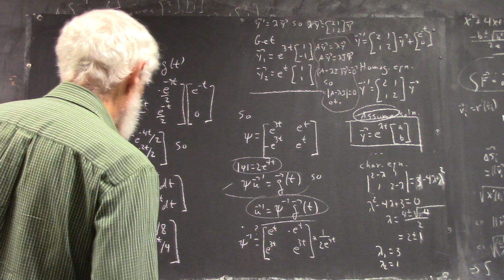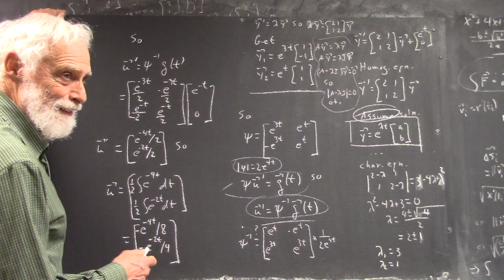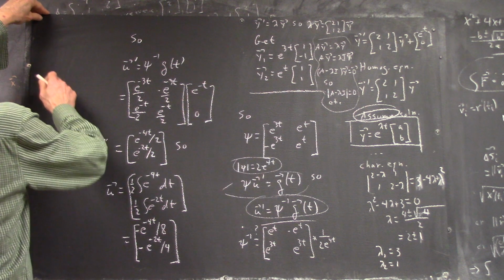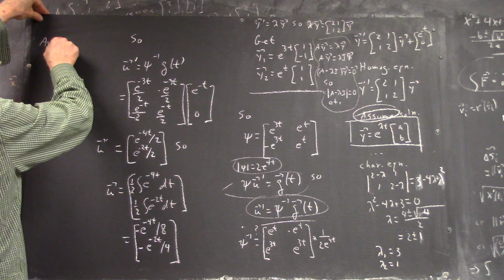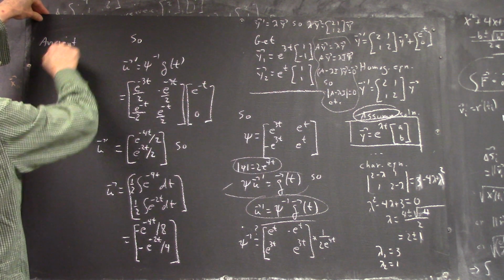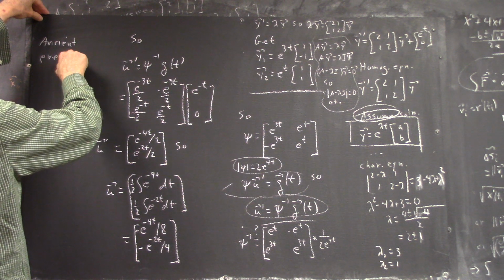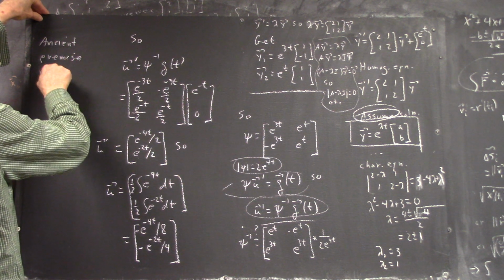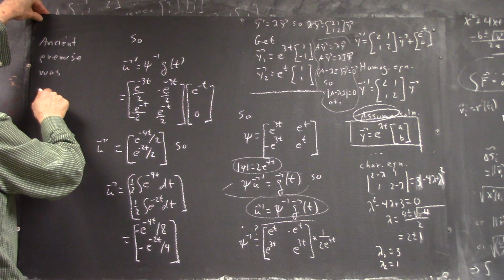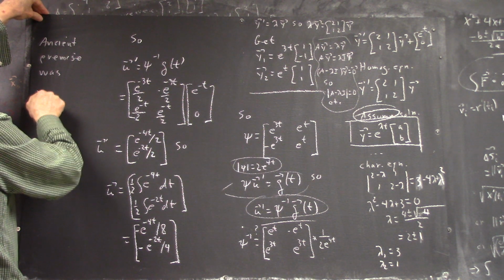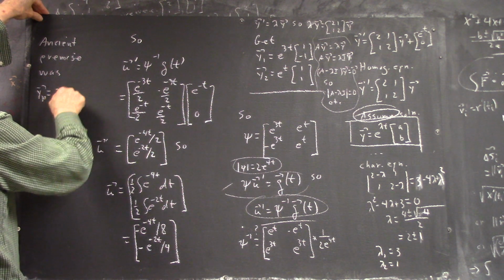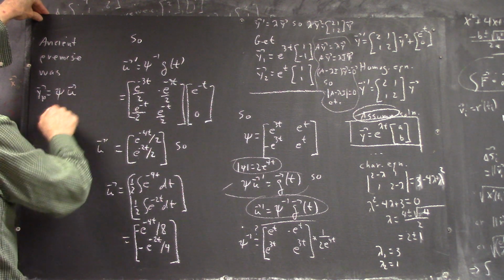Okay, yeah. So, ancient premise, you know, it was like 30 minutes ago. I don't expect you to remember that. So we still have to multiply that by the psi matrix? Yeah.